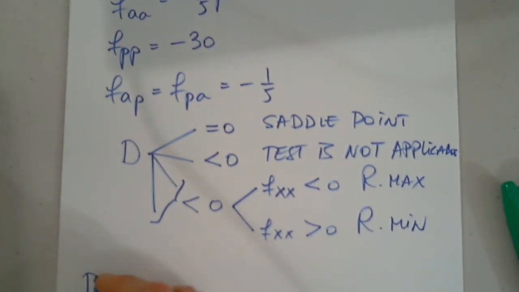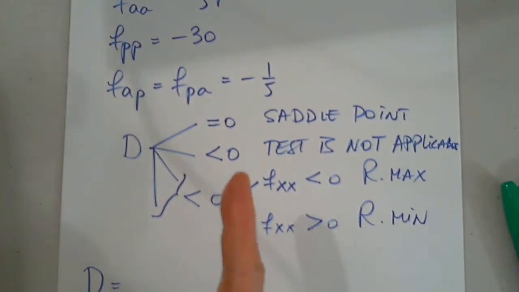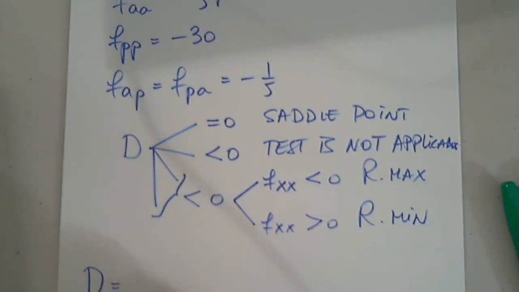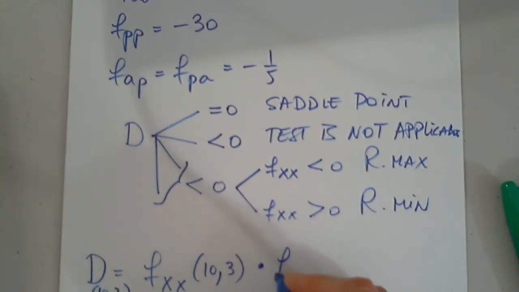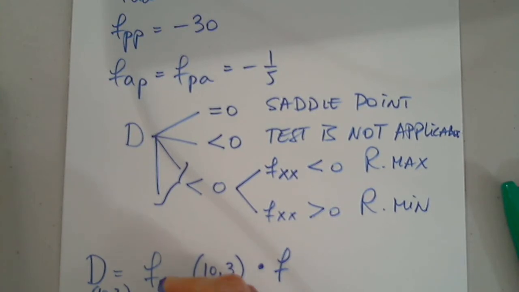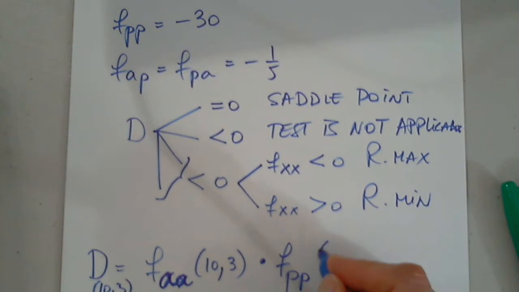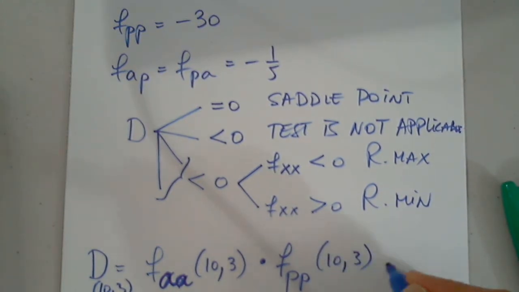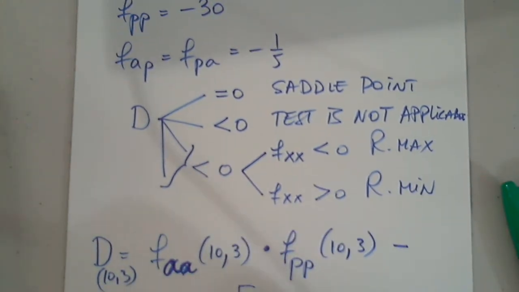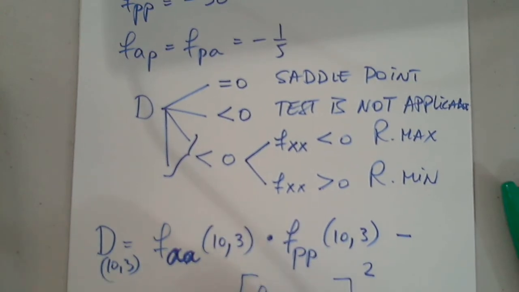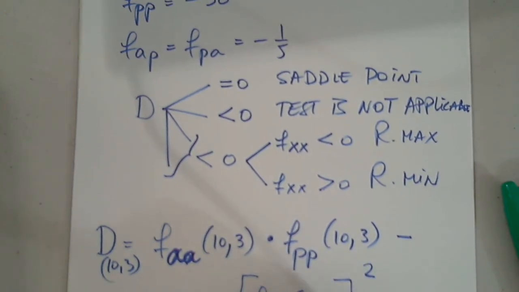So now let's calculate D, which is, for this point (10, 3), Fxx of (10, 3) multiplied by FAA of (10, 3), FPP of (10, 3) minus the square of FAP at (10, 3).